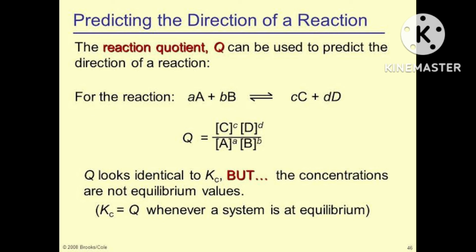After solving you will get Kc equal to 2.586, which you can write as 2.6. So Kc is equal to Kp divided by RT.